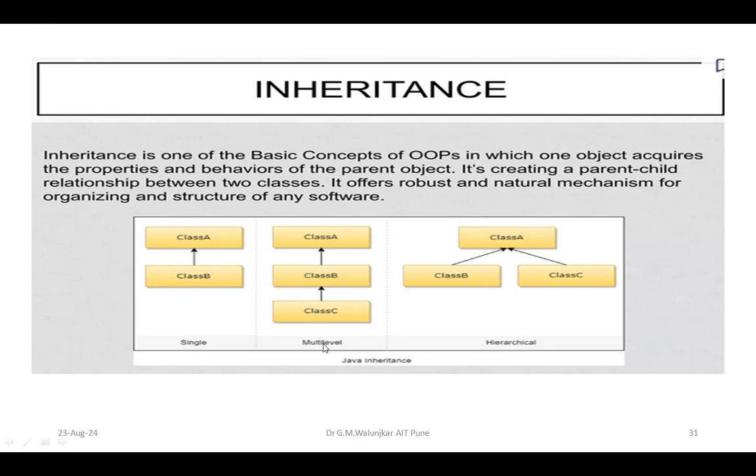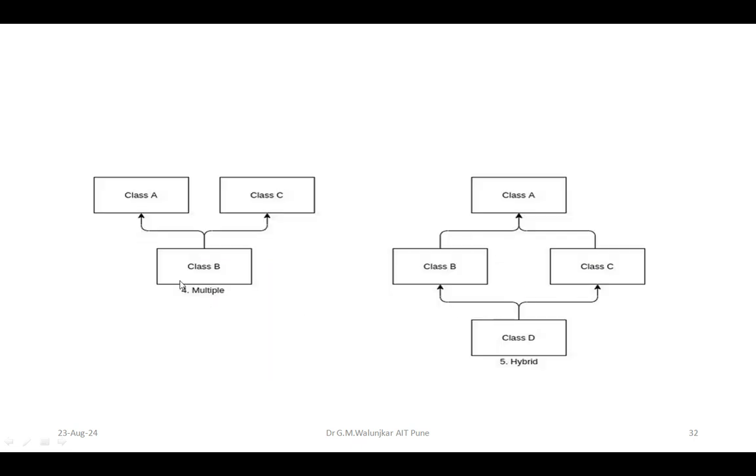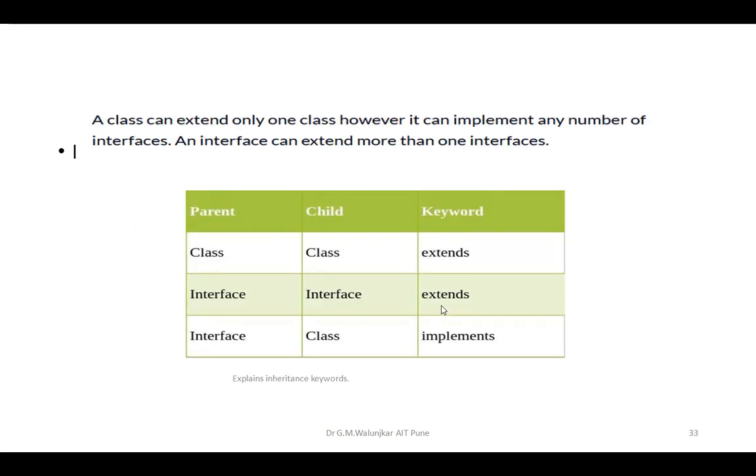In hierarchical, a single parent passes its properties to multiple child classes. In multiple inheritance, you have two parent classes with a single child, so the child can acquire the properties of two different parents. And hybrid inheritance is a combination of single, multi-level, and so on. So these are the prominent types of inheritance.